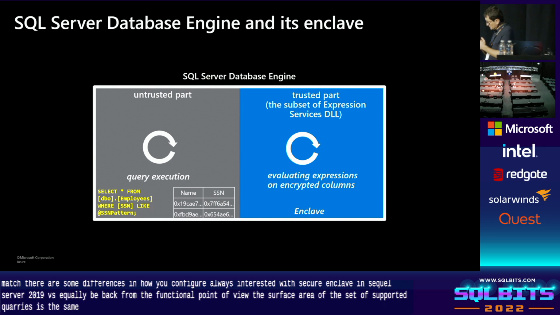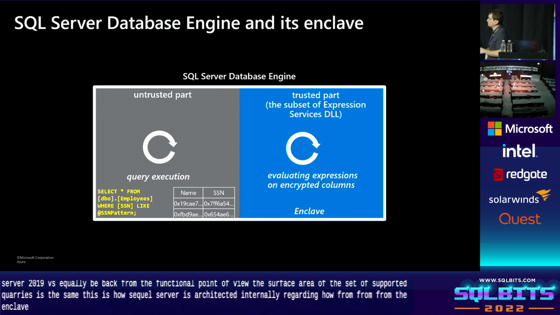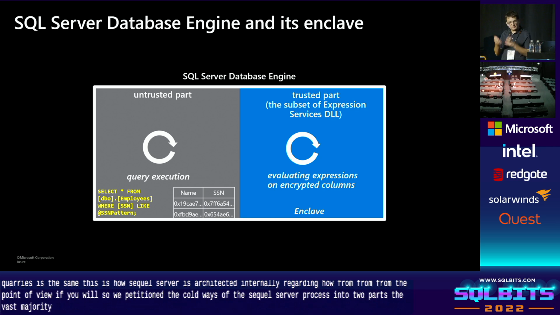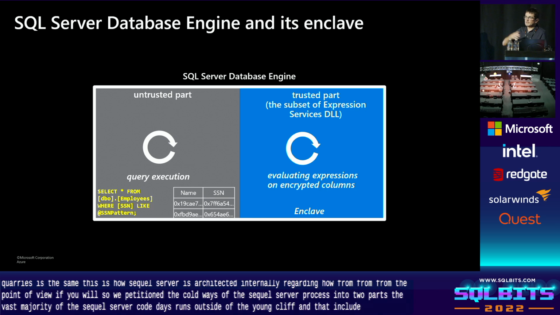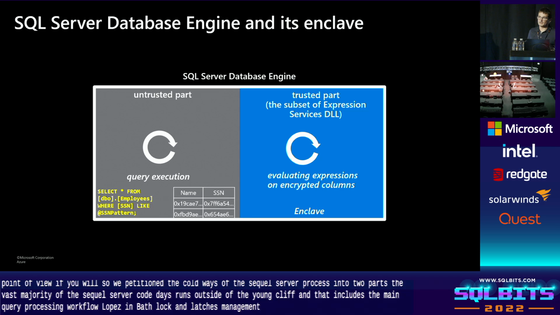So now, diving a little bit deeper, this is how SQL Server is architected internally from the enclave point of view, if you will. We partitioned the code base of the SQL Server process into two parts. The vast majority of the SQL Server code base runs outside of the enclave, and that includes the main query processing workflow loop, buffer pools, lock and latch management, things like that.